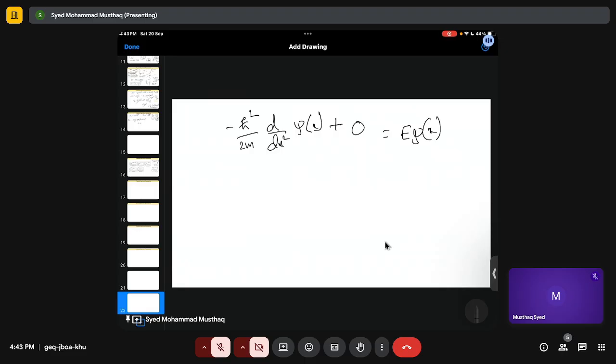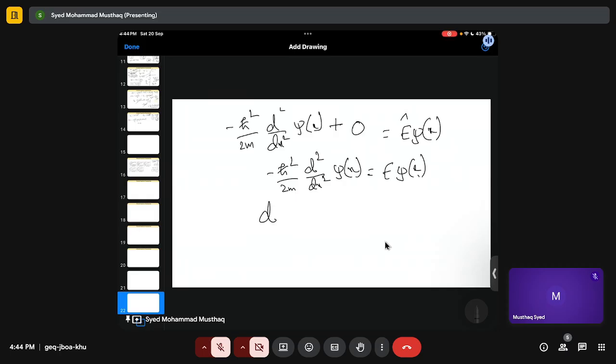I hope everyone knows what the energy operator is. So I have finally minus h cut square by 2m, del square upon del x square psi(x), equals E psi(x).